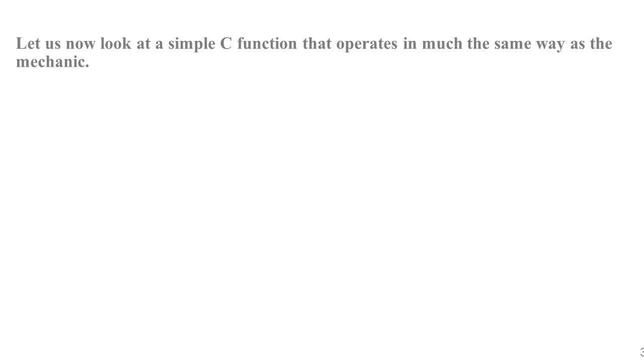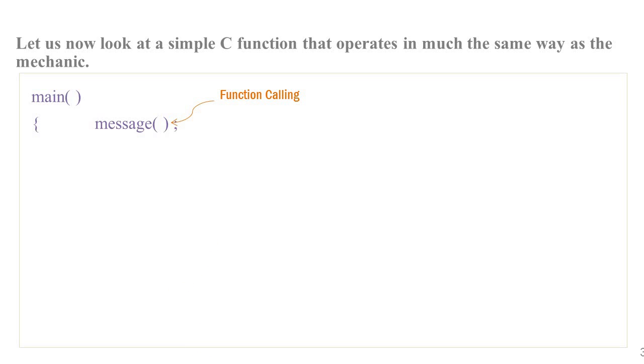Now let's understand the concept of a function using one program. Over here you can see this is the main method of a C program, void main, but I have ignored some keywords which are not necessary, and even the variable declaration, because our main focus is on functions.